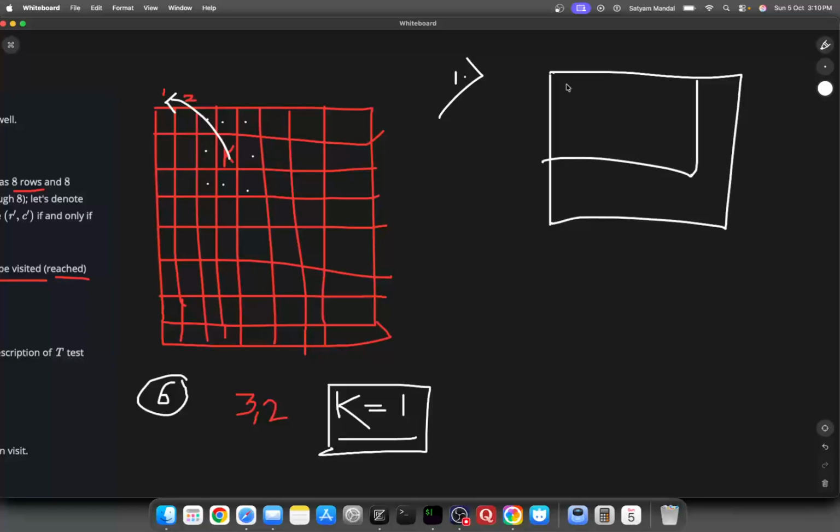Let's see how you calculate the area of this grid. Simply you want the coordinates of this top corner and the bottom one, right? So just subtract, it's not 1, it's 3.